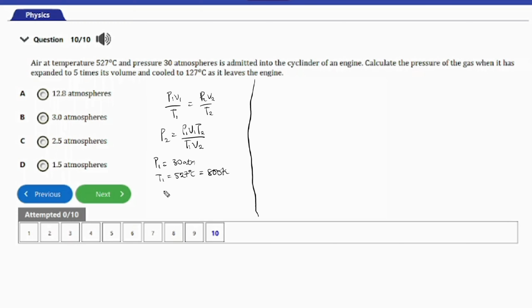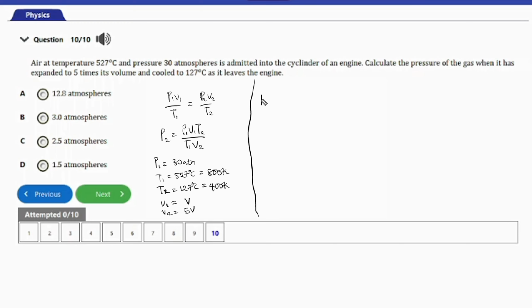So for T2, that's 127 degrees Celsius. In order to convert to Kelvin, we are going to still add 273 Kelvin, and that will give us 400 Kelvin. So V1 is not given here, so let's say V1 is V, that's volume, and then V2 is 5 times V1, so that's 5V here.